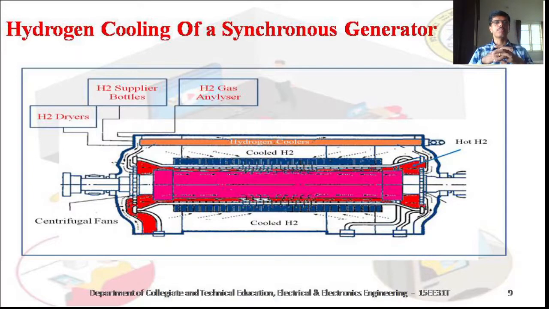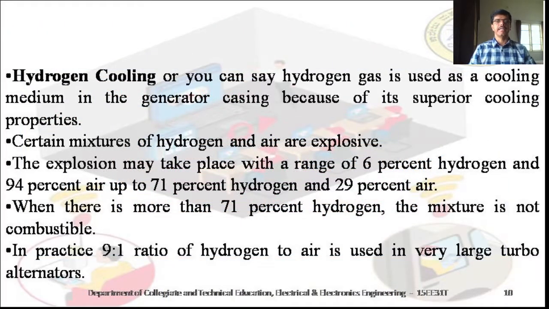So the most important method, which can be adopted for a larger turbo generator in order to cool the system, is hydrogen cooling of a synchronous generator. This is how the machine adopts the hydrogen cooling system in order to cool the heat produced in the alternator.